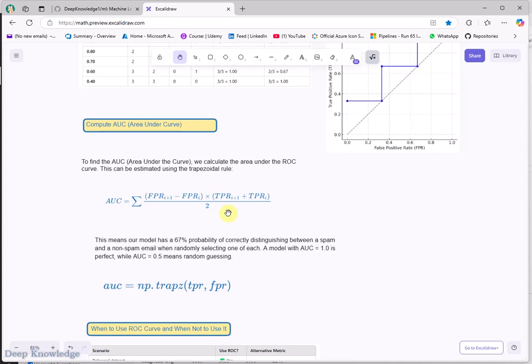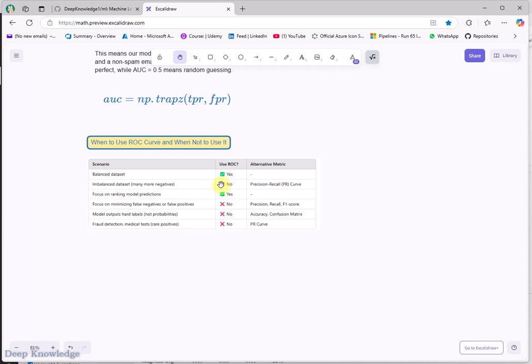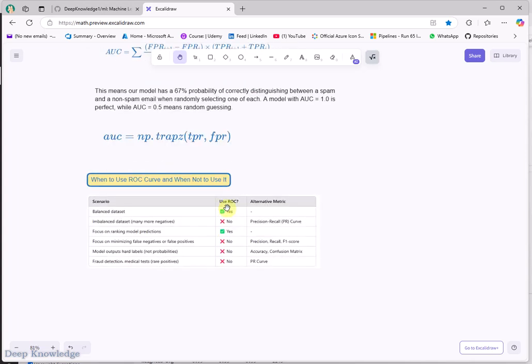As I said here, for the function, you can use NumPy to calculate the trapz function, to get the area under the curve. But of course, there is also one in Python. I will show you in a moment. An important question is when and when not to use the area under the curve.